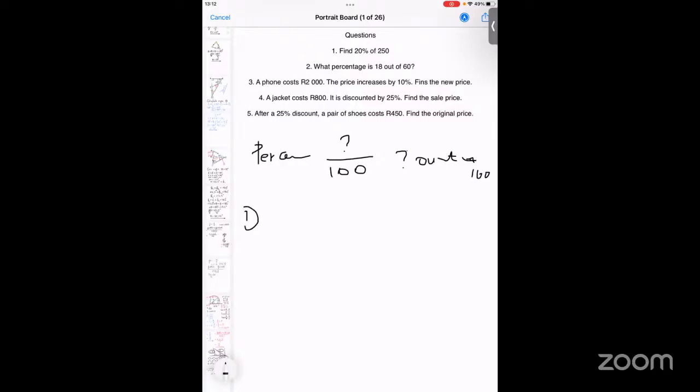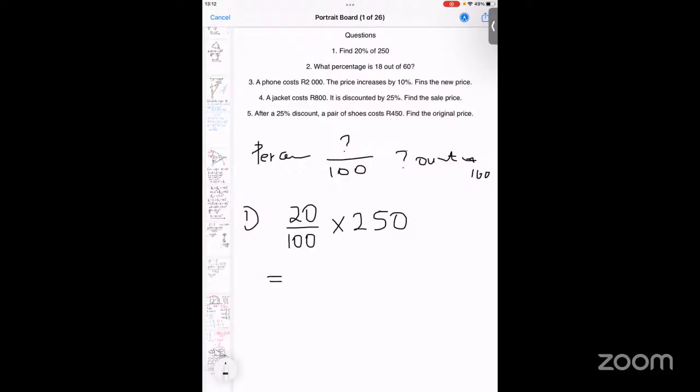So when they say find 20% of 250, for me, a percentage means out of 100. So that would mean it is 20 out of 100 of what? Of 250. So you punch this on your calculator.